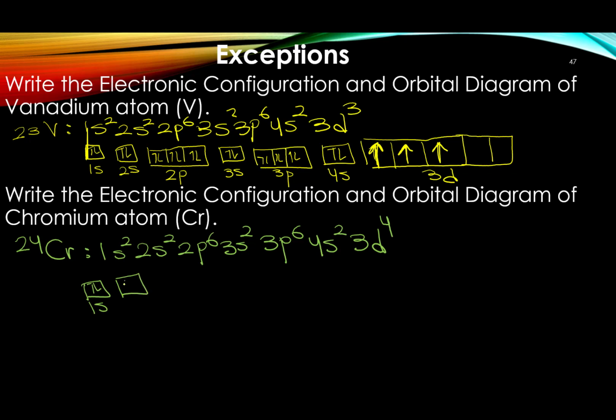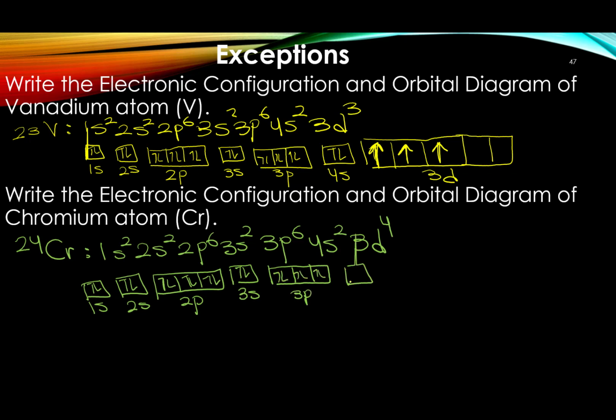1s2, 2s2, 2p6, 3s2, 3p6, 4s2, and 3d4. Okay, 1, 2, 3, 4, 5.